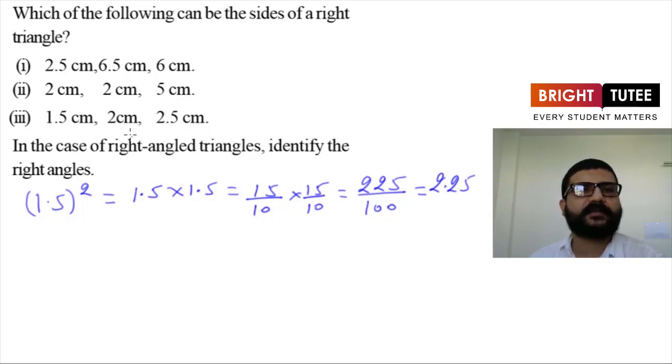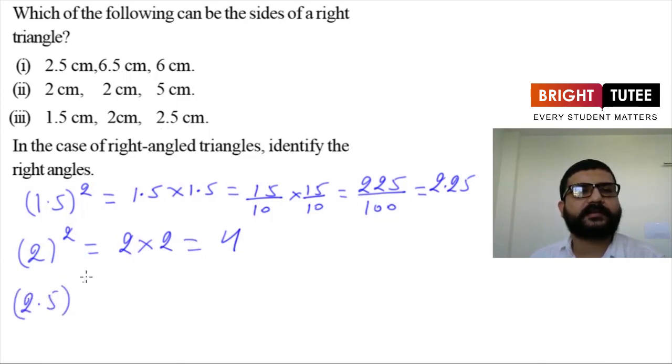Now let's take the square of the second side. It is 2 square. Now this will be equal to 2 into 2 and this is 4. Now the square of 2.5. So 2.5 square, we have calculated this earlier also. This is 6.25.